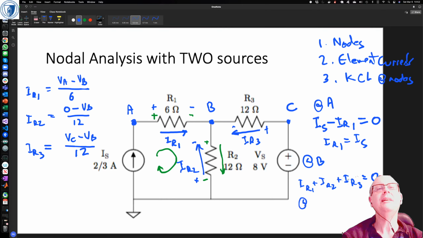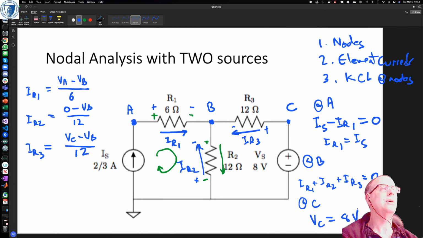And then at C, we can't write a KCL equation, but we've got a freebie, because there's a single voltage source connecting from the reference node to the node C, so we can just write down directly that VC equals 8 volts.